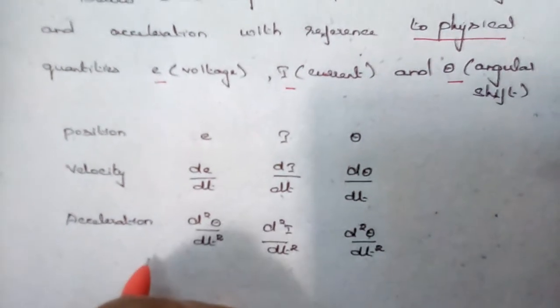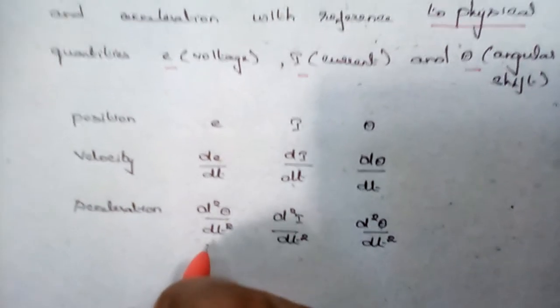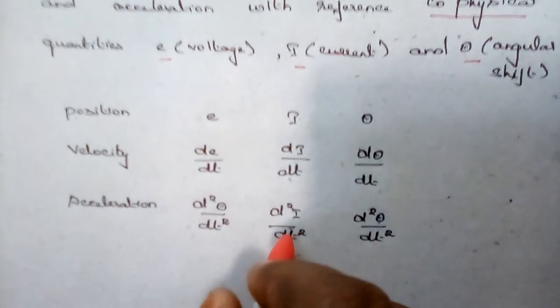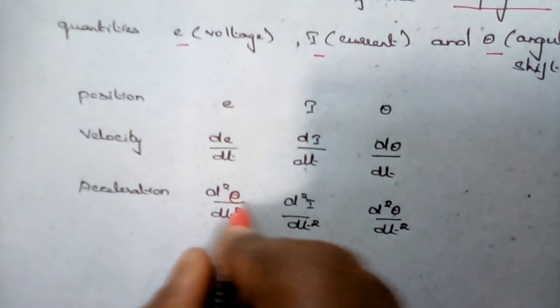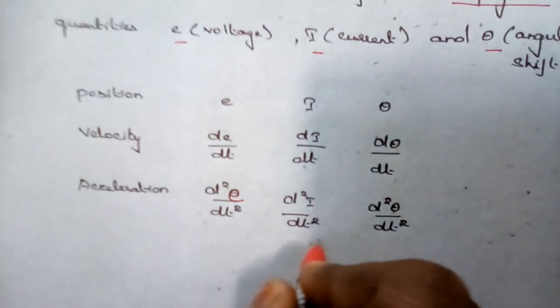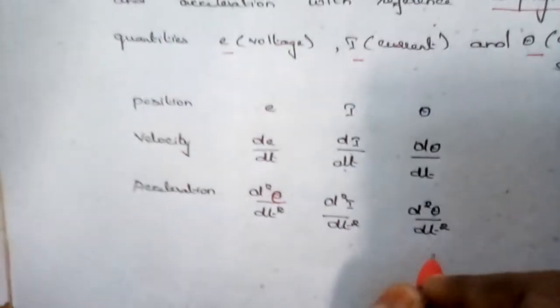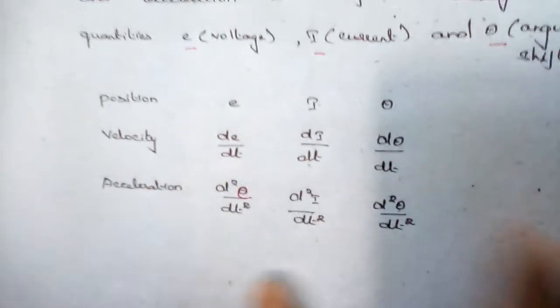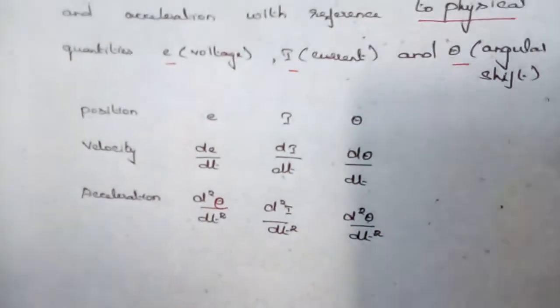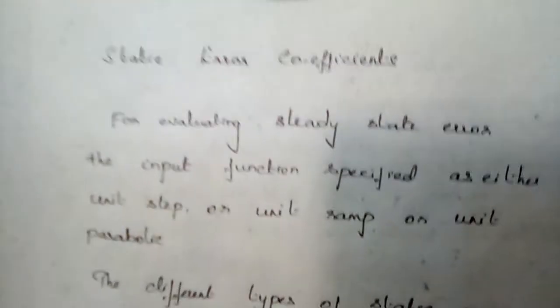The second derivative, acceleration, is given as d square E by dt square, d square I by dt square, and d square theta by dt square. With this discussion, let us see the static error coefficients of position, velocity and acceleration.